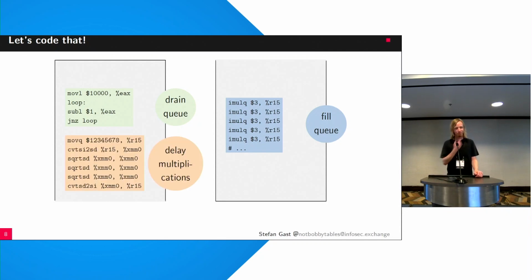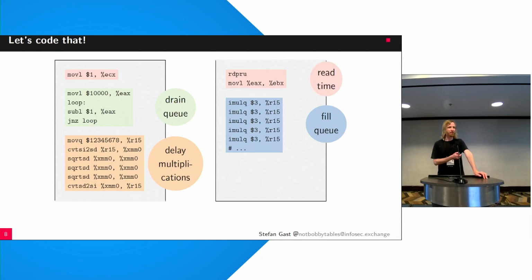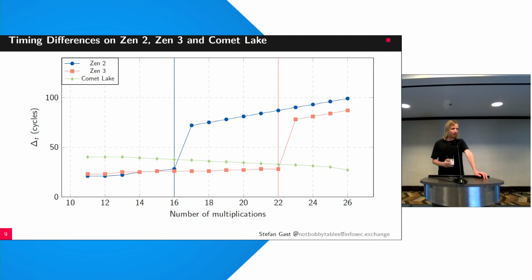How do we do that? Well, we just make them dependent on some long latency operations, and then we basically just add the reading of the time. This actually works, so we can observe that on Zen 2 we have a scheduler queue capacity of 16 microops.